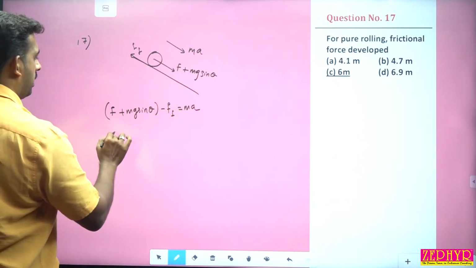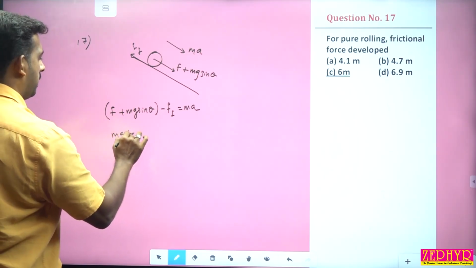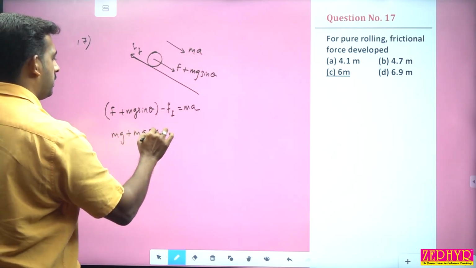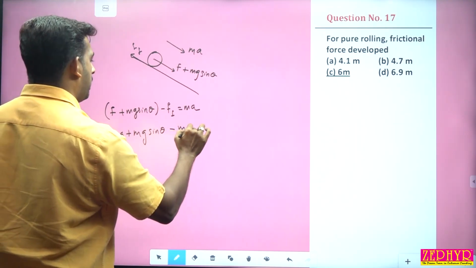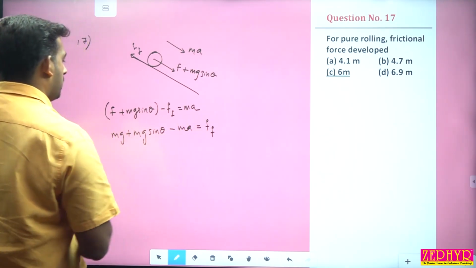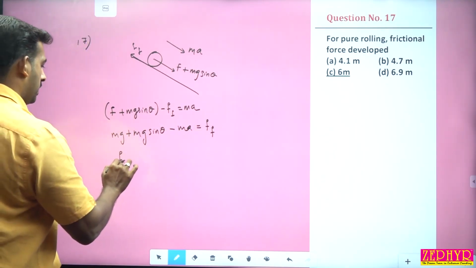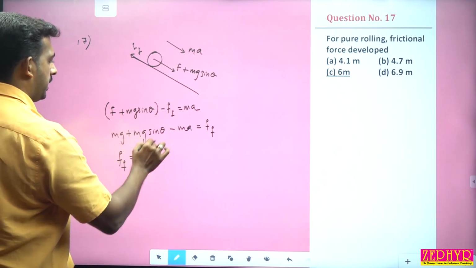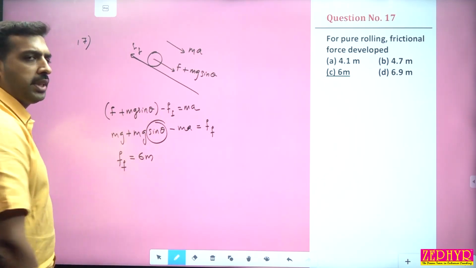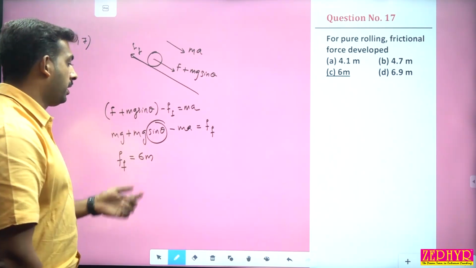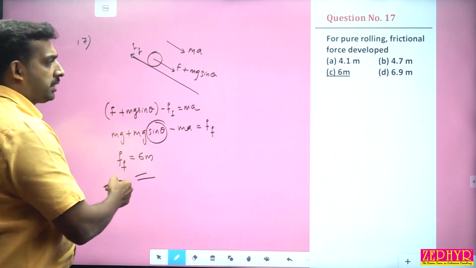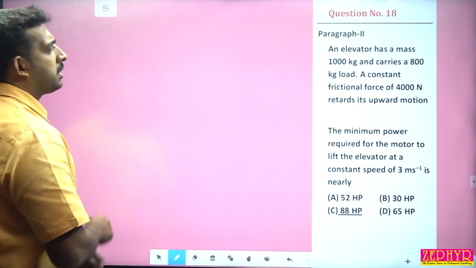So F is mg, plus mg sin theta minus m into a, equal to the frictional force. Simplify this, sin theta is equal to sin 53, which is 4 by 5. Substitute in that, we'll be getting the answer as 6m. Answer is option C.